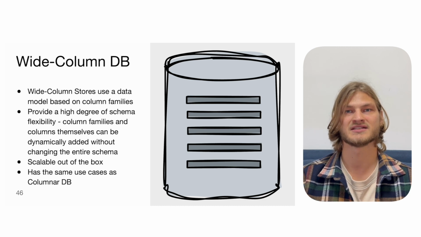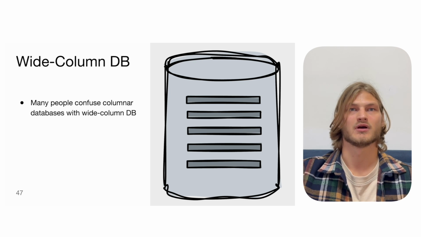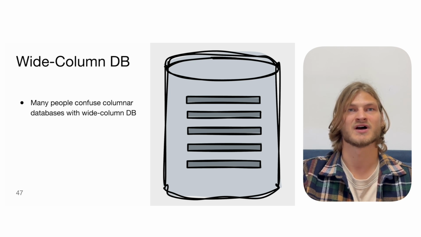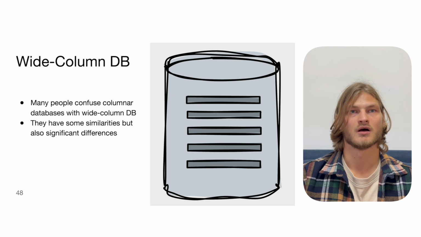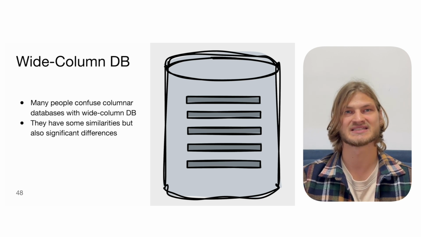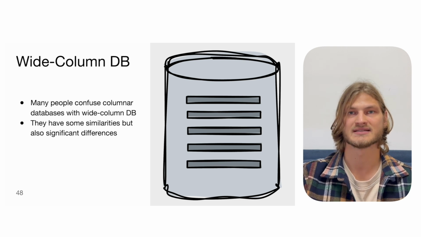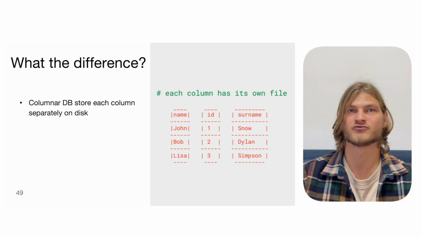I need to mention that it has the same use cases as Columnar DB. So that's why many people confuse Columnar database with Wide Column DB. They have some similarities, but they have significant differences. And you should ask, what's the difference?